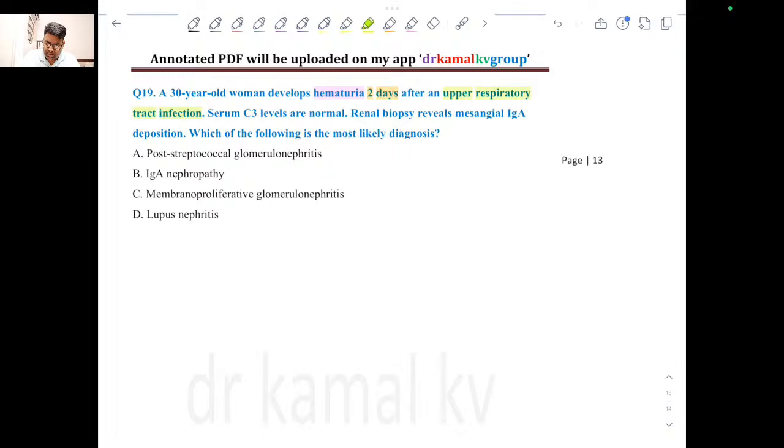So URTI, and just 2 days later there is hematuria, that is blood in the urine.